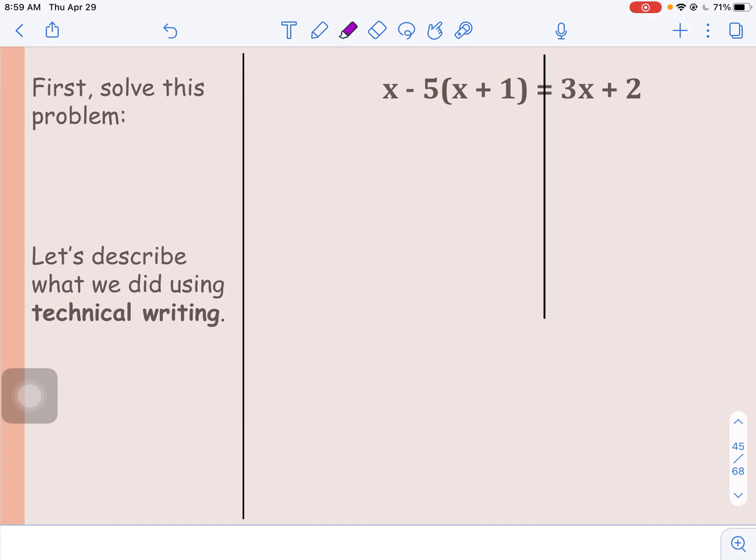Okay. So the first thing we're going to do to solve this problem is we're going to distribute this -5 onto these parentheses. So the first step, I'm going to write a reminder to myself, was to distribute.